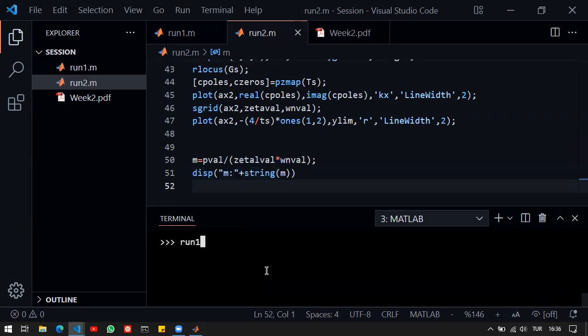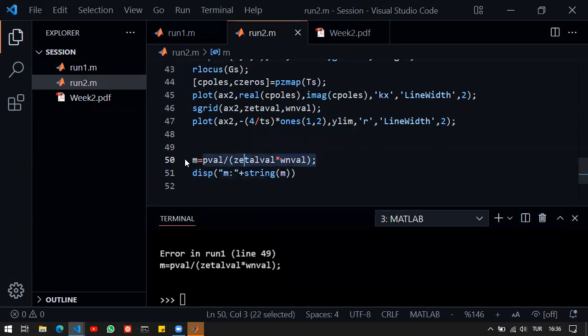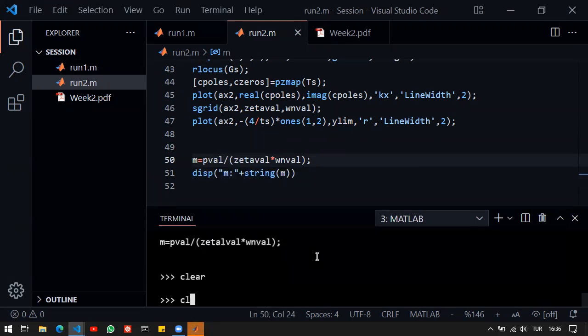So if I run this, yeah, p-val over zeta val. So m is equal to 11. If I have settling time equals 4, I will have 11.